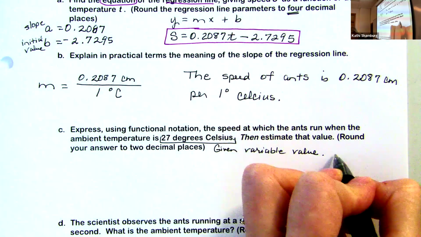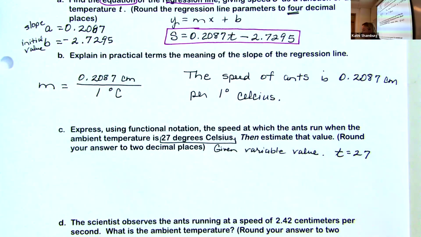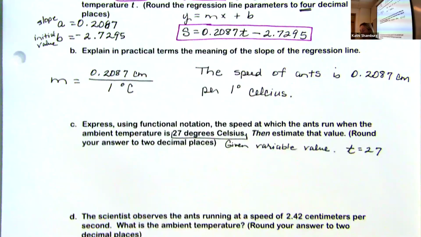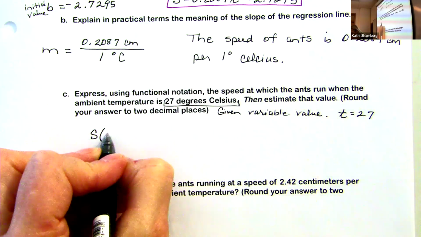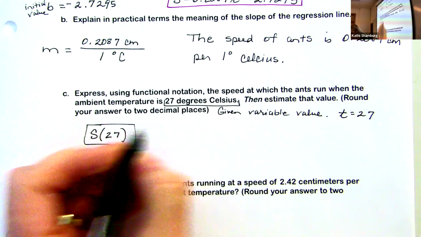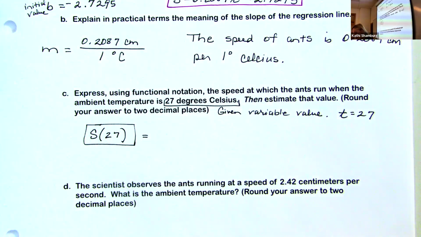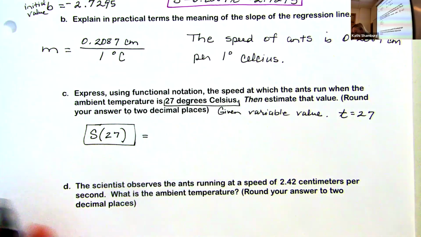My variable is t, so t equals 27. Okay, it wants functional notation. How would you write that? S of 27. So it asked for this. And then it wants us to estimate that value, round your answer to 2 decimal places.